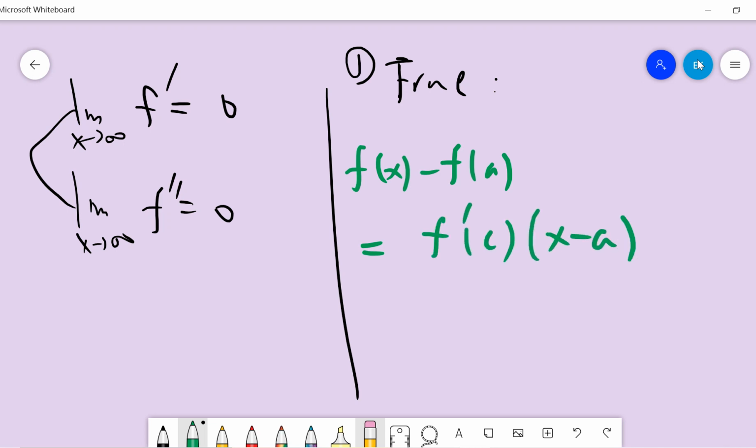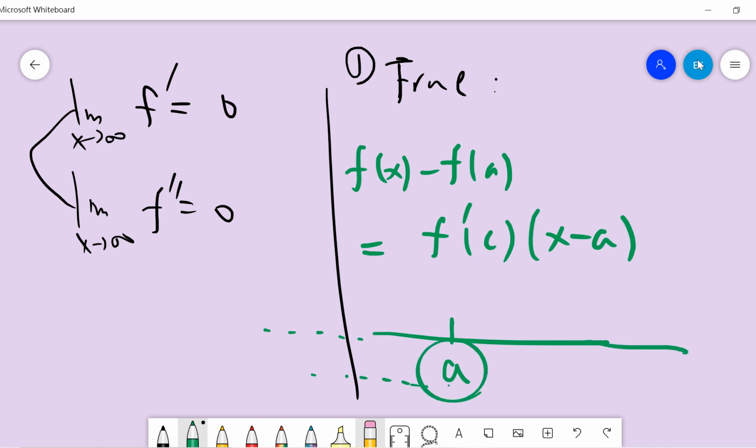Suppose you fix an a, and choose a large a, and then choose very large x. Then this a is very large, so f prime of c will approximate its limit.